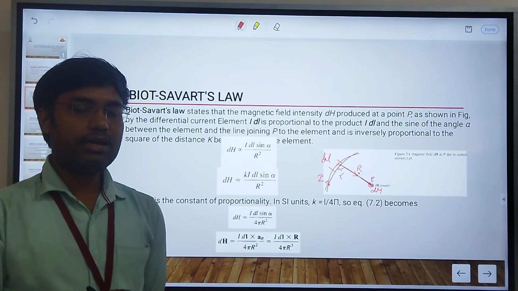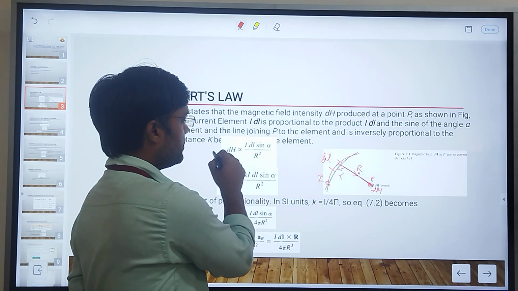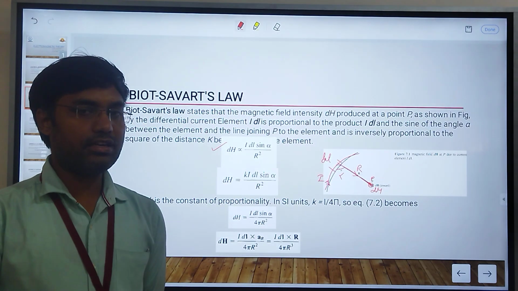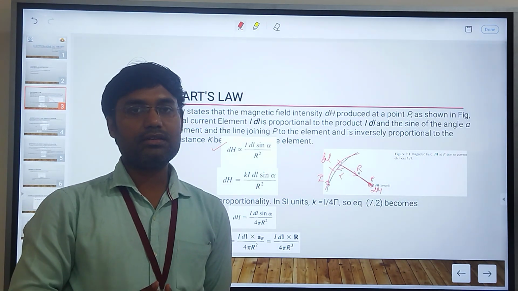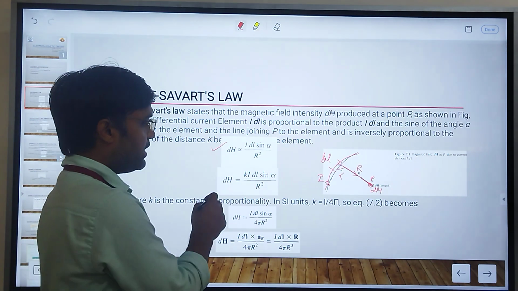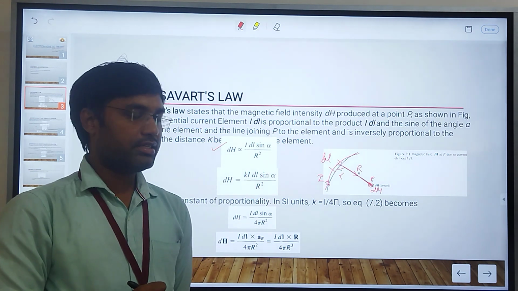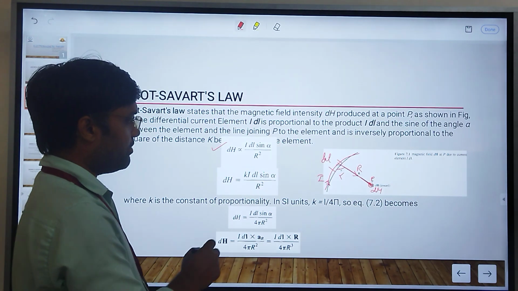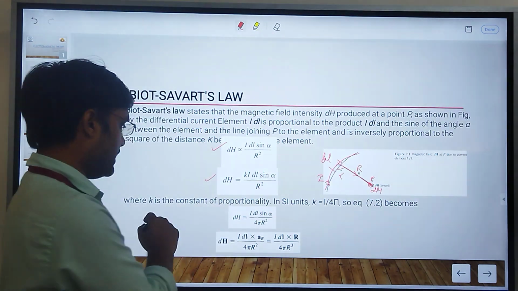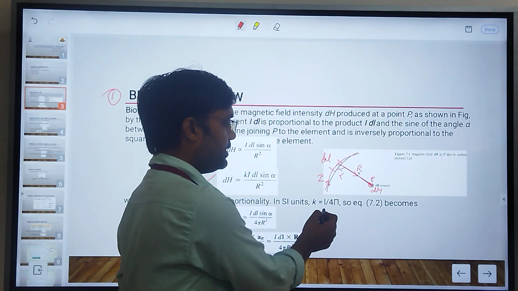So this is dH, the differential magnetic field intensity, as we are calculating for differential elements. By integrating we can find H equal to K I dl sin alpha divided by r square, where K is the constant of proportionality, its value is 1 upon 4 pi.